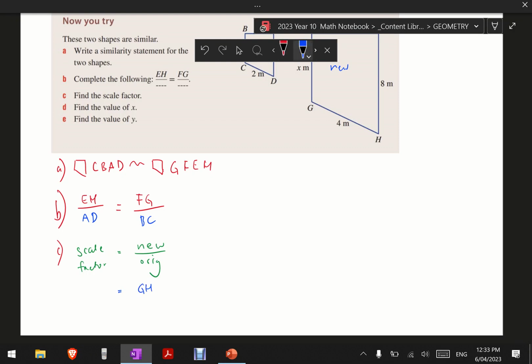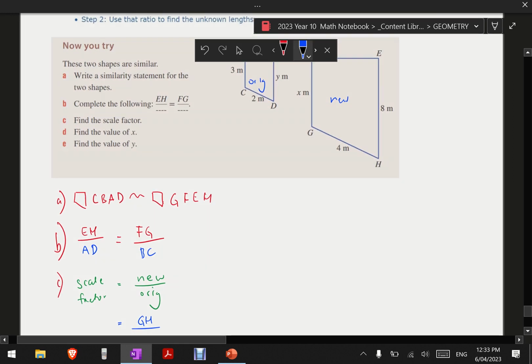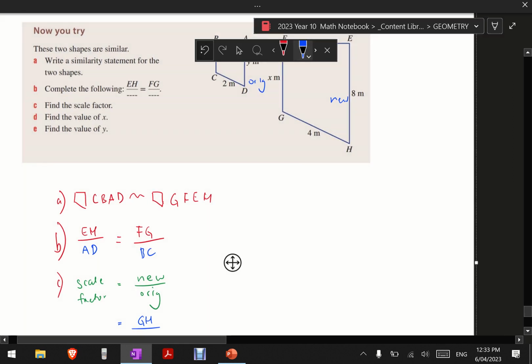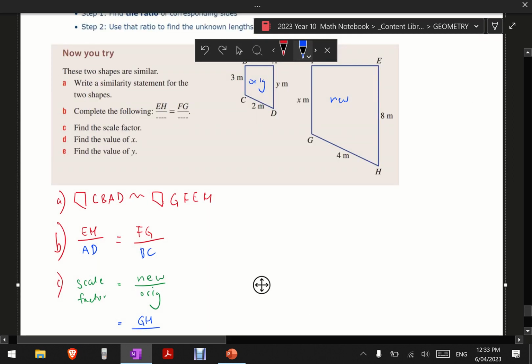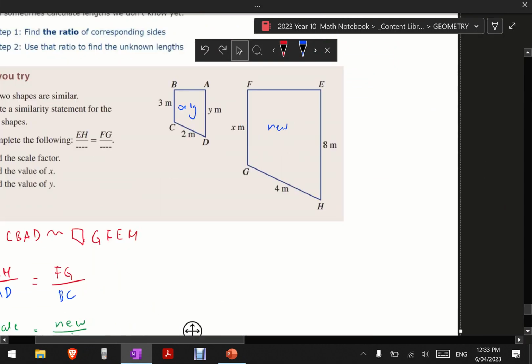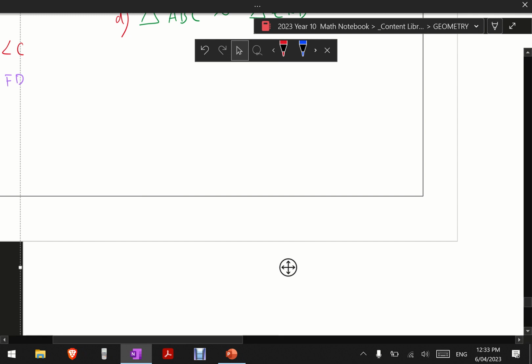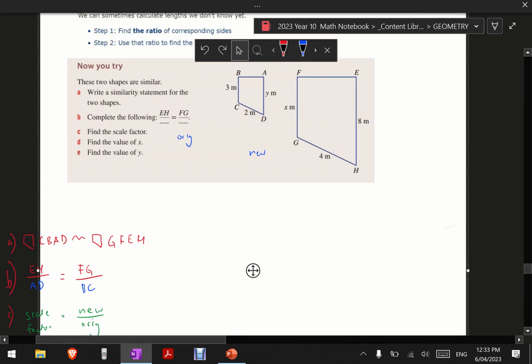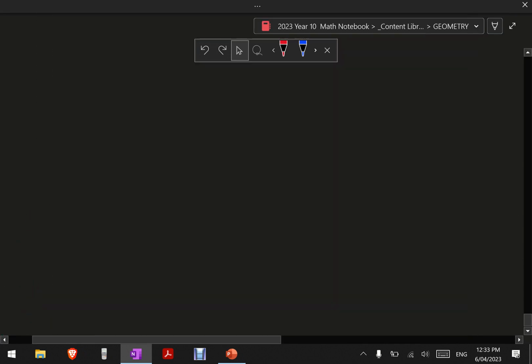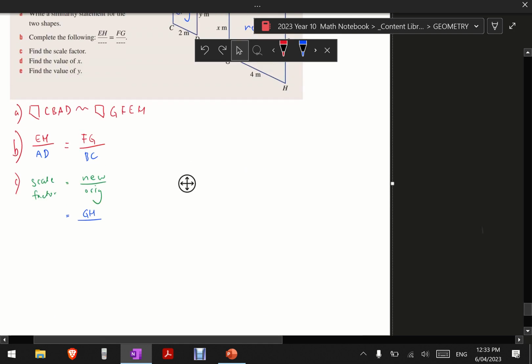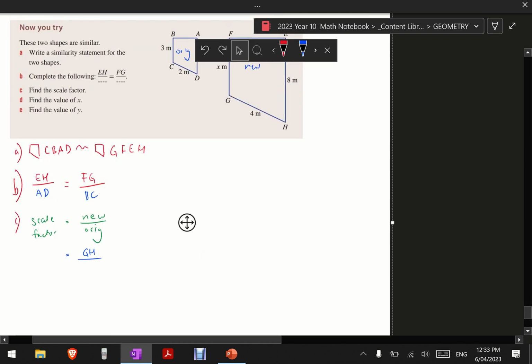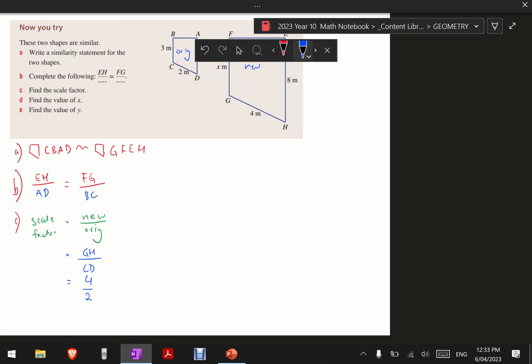And my corresponding side on the original shape is going to be CD. Okay, so doing that, GH is 4, CD is 2. That means the scale factor is going to be 2.